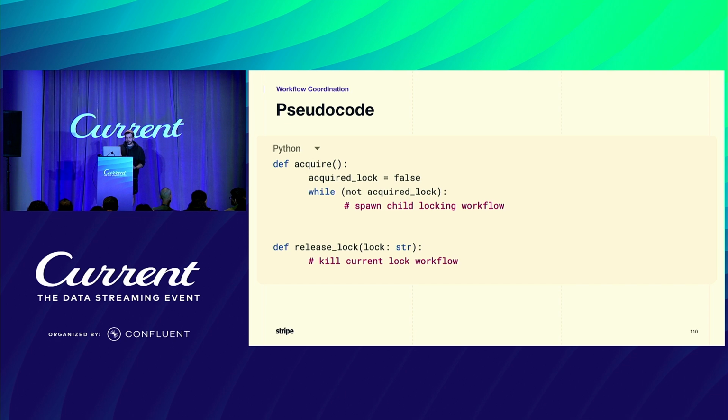So something that we do to make sure that this lock is always released after the operation finishes, even if the entire workflow fails and you never get to the release lock function, is that we terminate that child locking workflow to make sure that there's never a time where you have a Kafka Pub Northwest Jade workflow running and no other operations can acquire that lock.